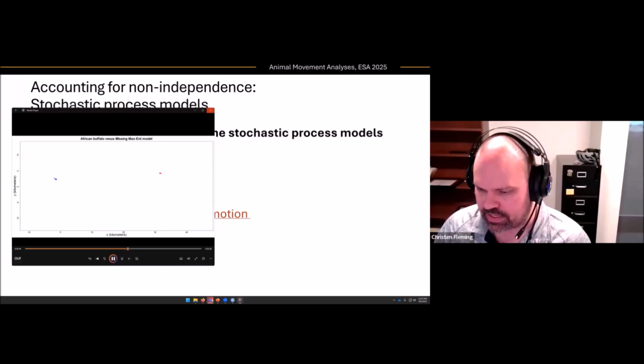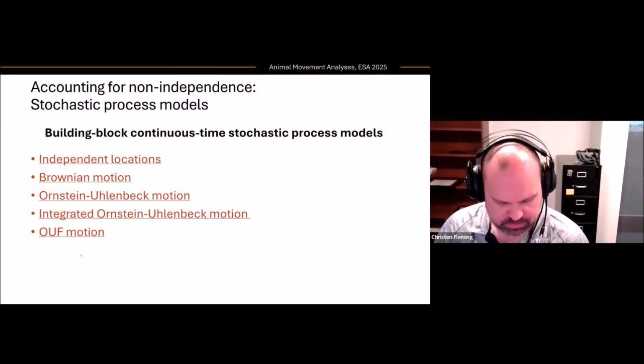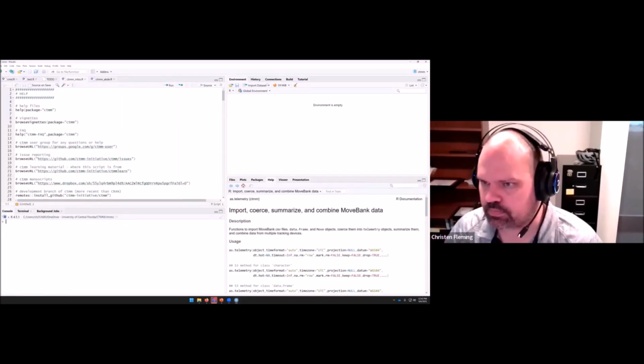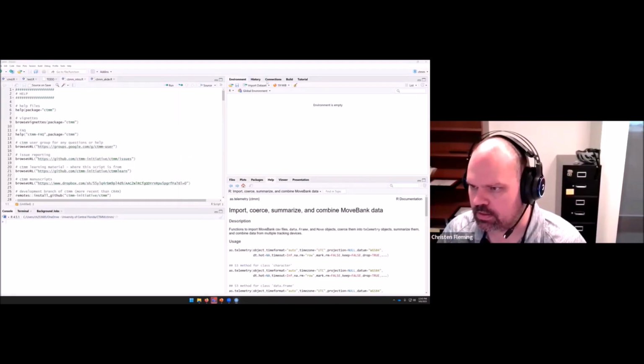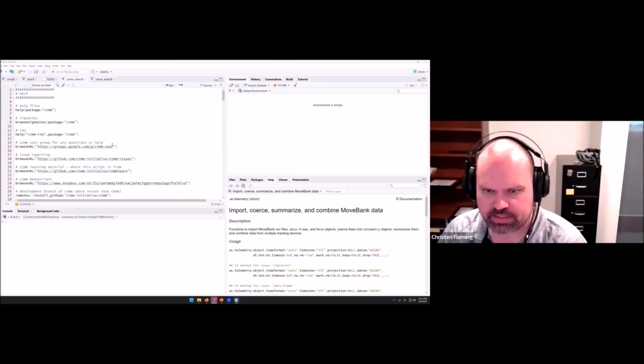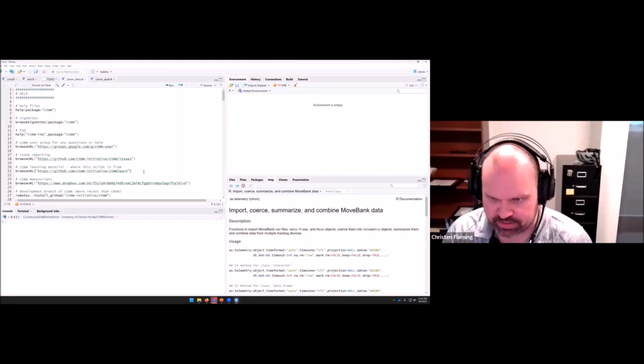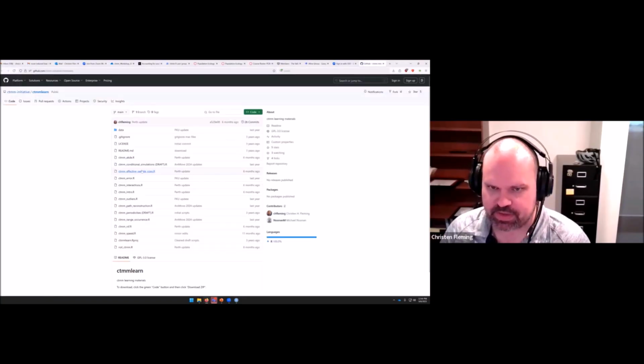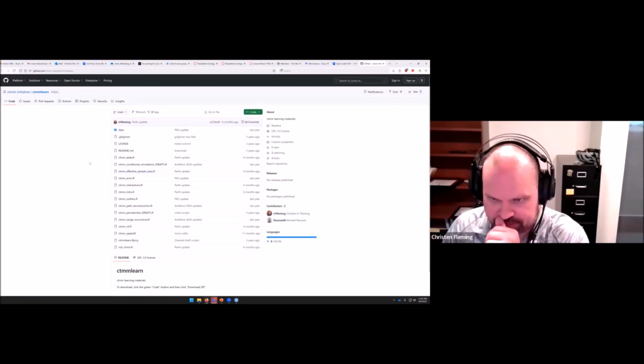So now I'm going to get into the R package here. I'm using scripts that are on GitHub that anyone can find, in the ctmm learn GitHub repository.